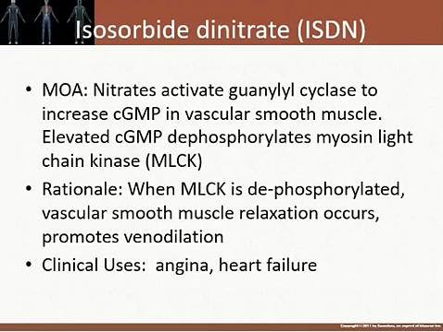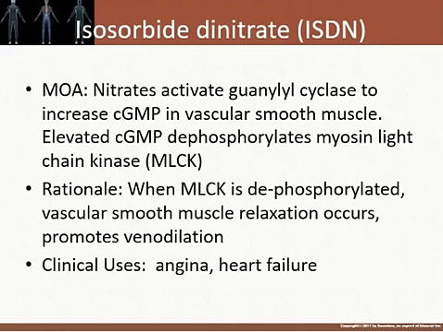Okay, so isosorbide dinitrate, sometimes clinically abbreviated ISDN, is essentially a nitrate type molecule, and what it does is it's going to activate guanylyl cyclase, and that's going to produce an increase in cyclic GMP, and this occurs in the vascular smooth muscle. Okay, what does that increase in cyclic GMP mean?